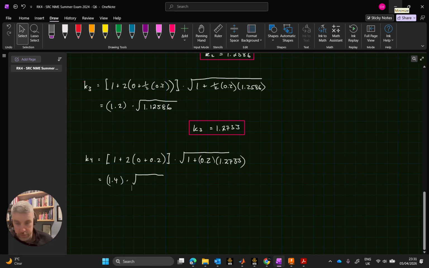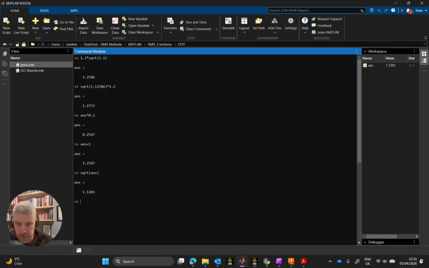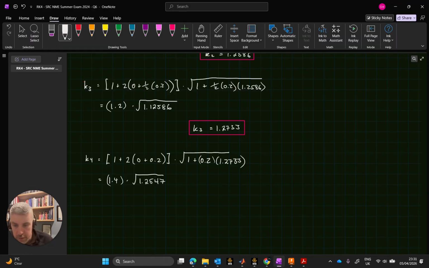So I'll have the square root there actually, which is 1.2547, I think it was. Just double check that. 1.2547. So this is going to be then K4 is going to be equal to, let me just take that out there again.